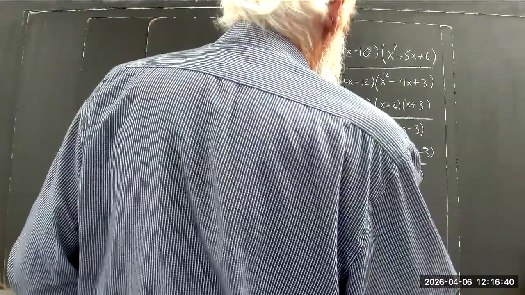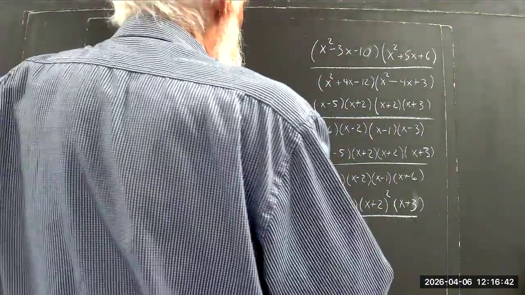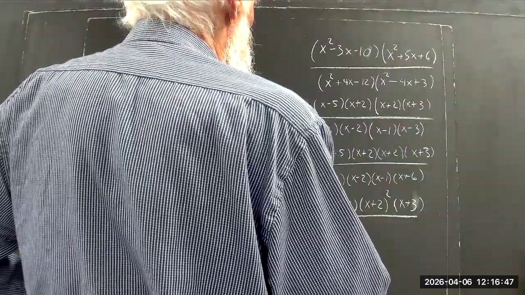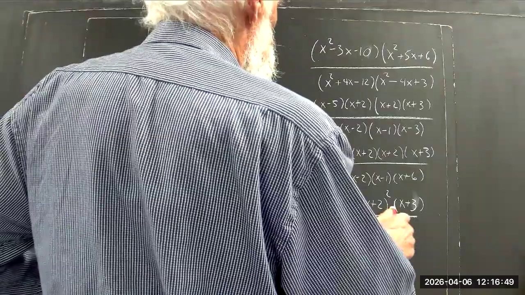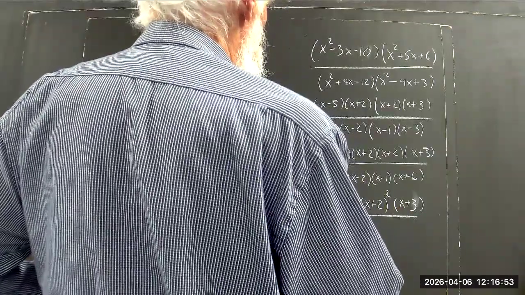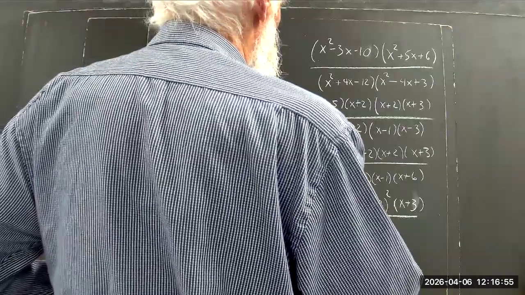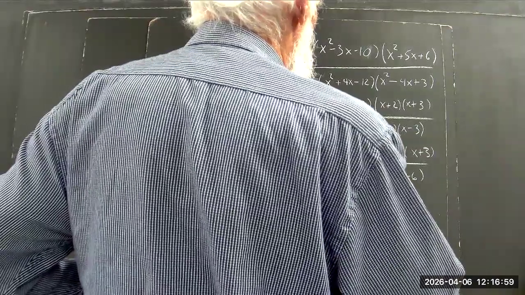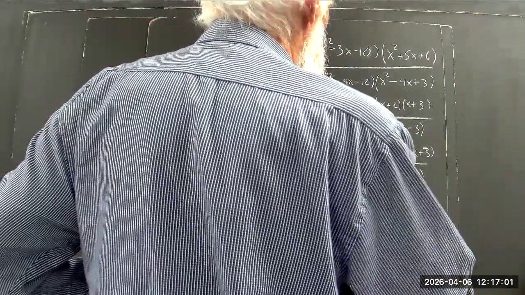It looked like a 5. So write things more neatly than I do. Okay, so there we have numerator x minus 5 times x plus 2 squared times x plus 3. Denominator x minus 3 times x minus 2 times x minus 1 times x plus 6.